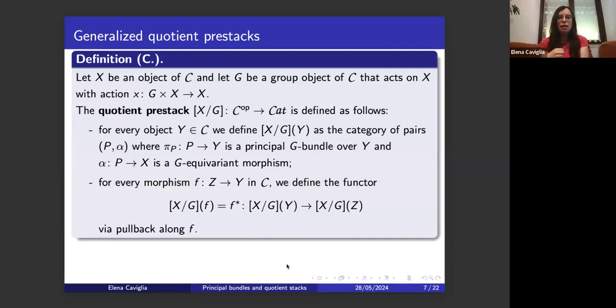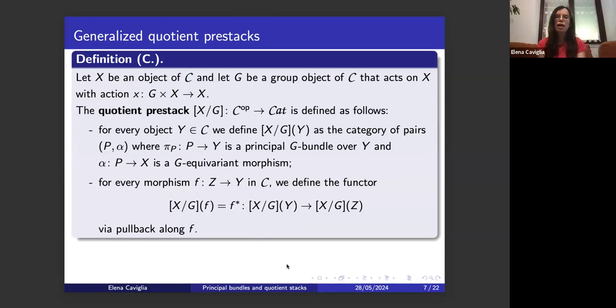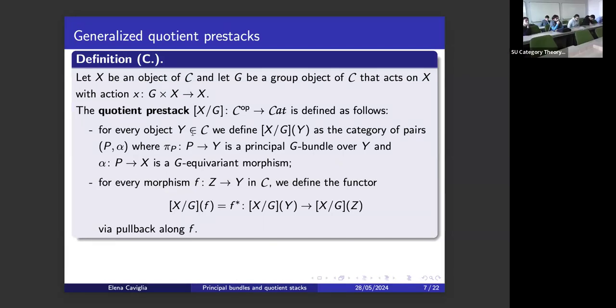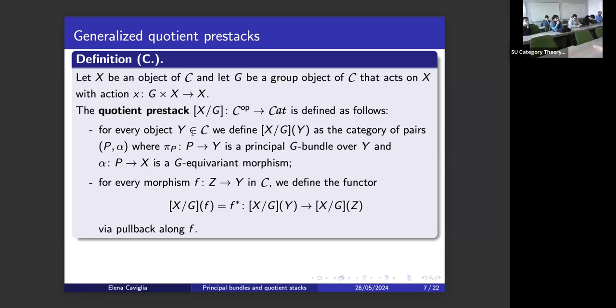So what we do is we perform the same construction that we saw at the beginning for topological spaces, but for a generic site. So we fix an object X of the site, and then for every object Y, X over G will send Y into a category of principal bundles equipped with a G-equivariant morphism into the object X. And then we need to define the assignment of morphisms, and what we do is we define it via pullback along the morphism.